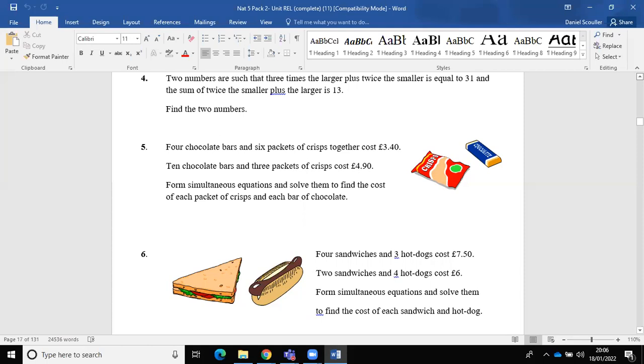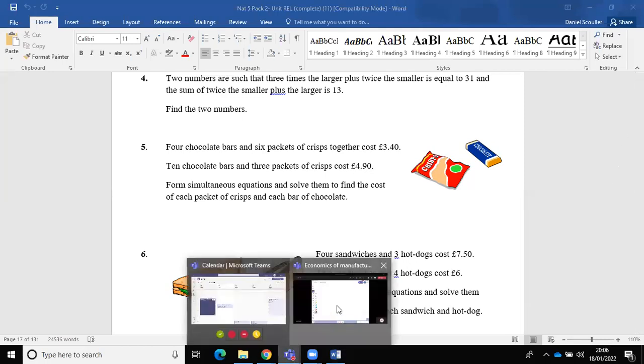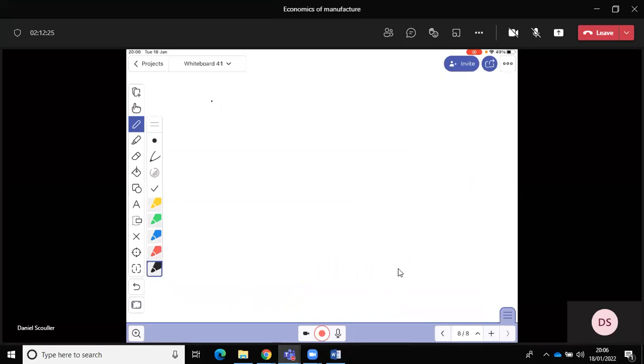So we want to assign a variable to each, so we can start putting this together. I'll assign the letter C to chocolate bar.